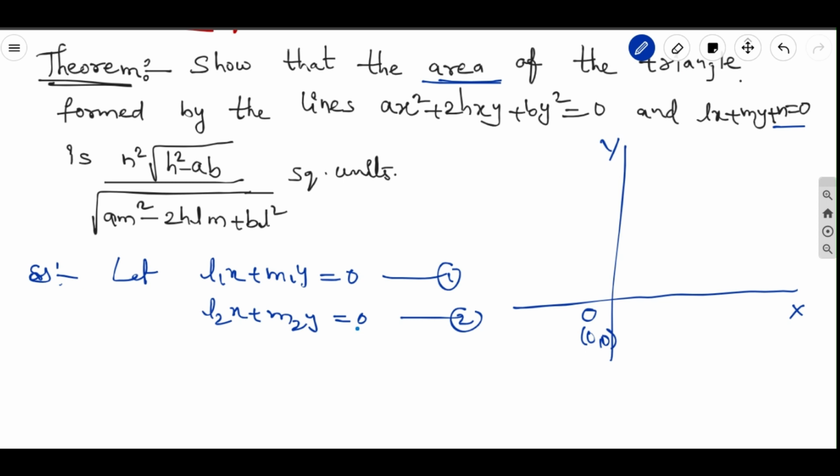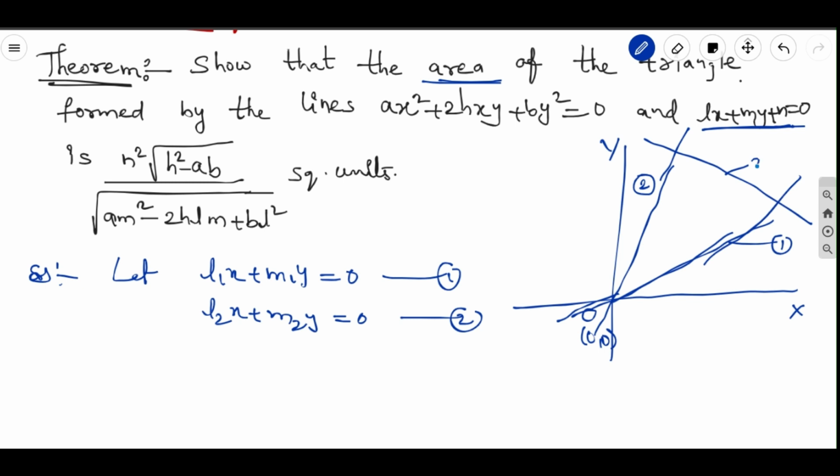These two lines pass through the origin, equation 1 and equation 2, and the third line is lx + my + n = 0.